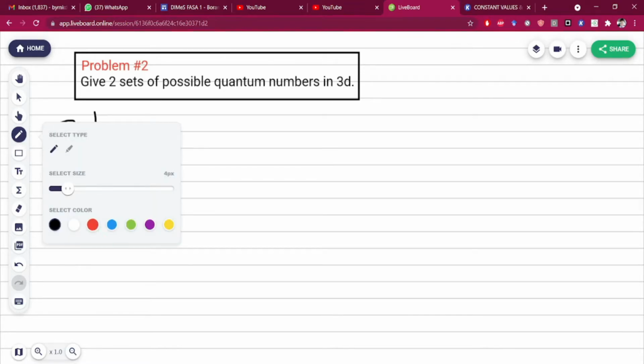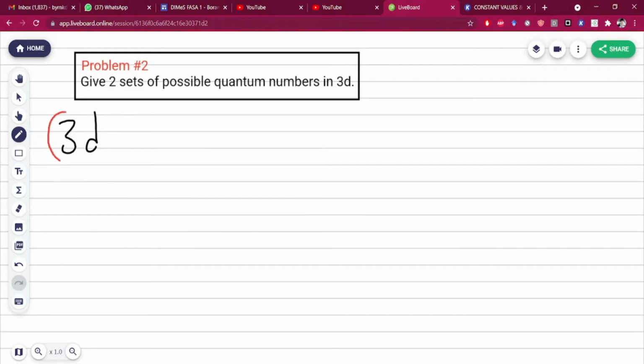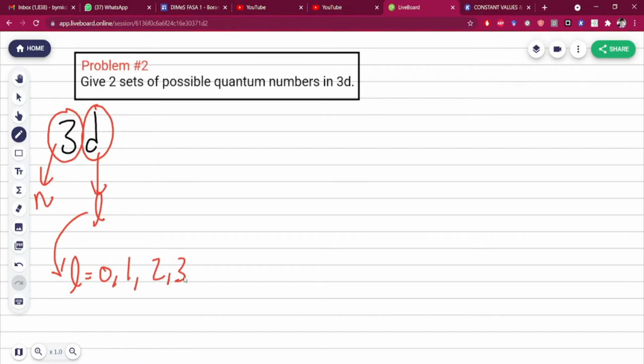We do know that the number 3 over here refers to the value of n, and D refers to the value of L. And L can have 0, 1, 2, 3, and so on, but for your level, we're only going to stop at 3. So L equals 0 is S shape, then P, D, and F shapes.